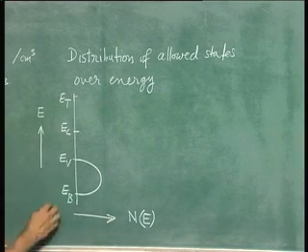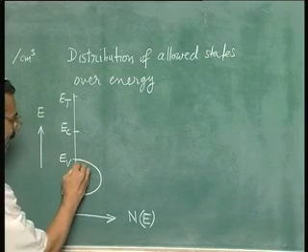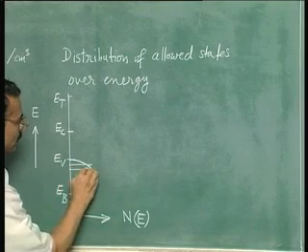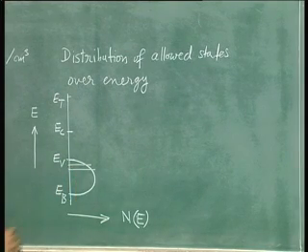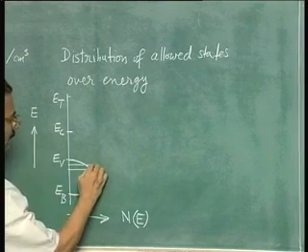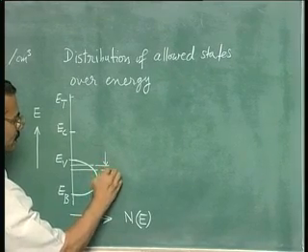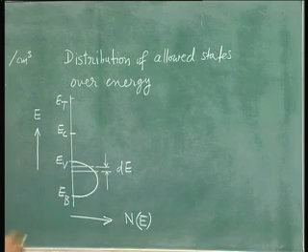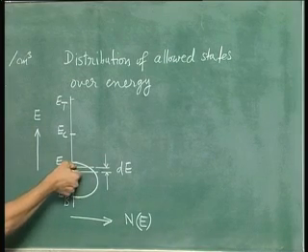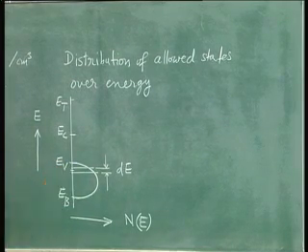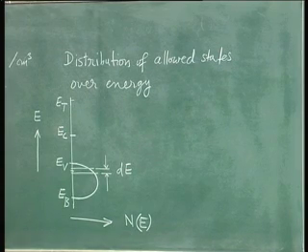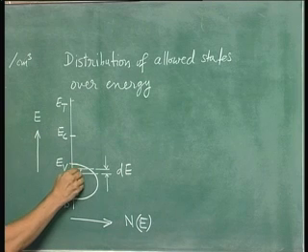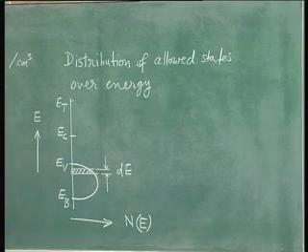What does it mean? It means that if I take an energy interval dE somewhere here, at some energy E, then the number of states that I will find in this energy interval is given by the shaded area.